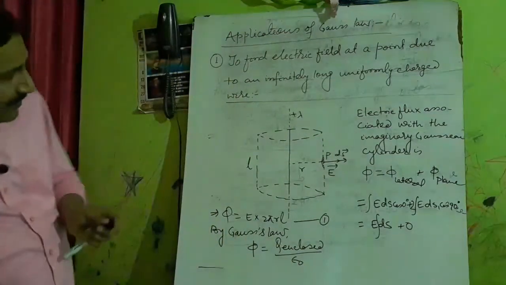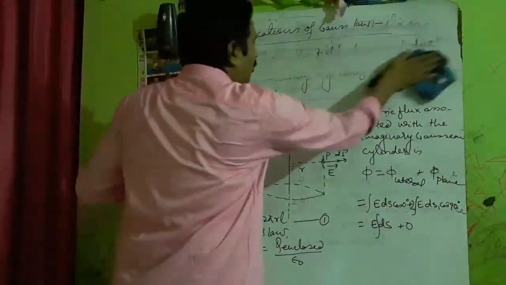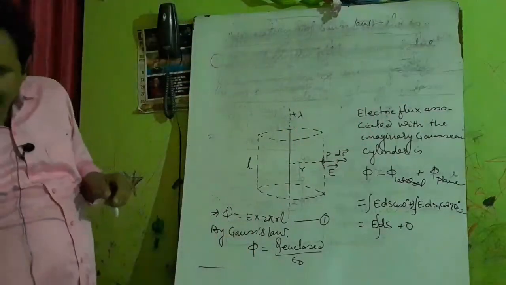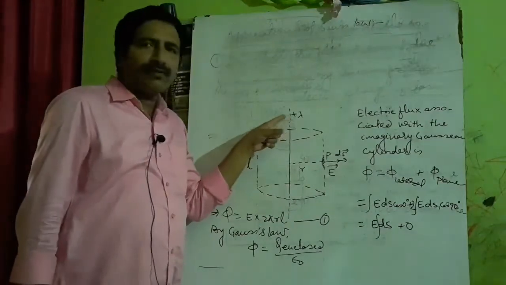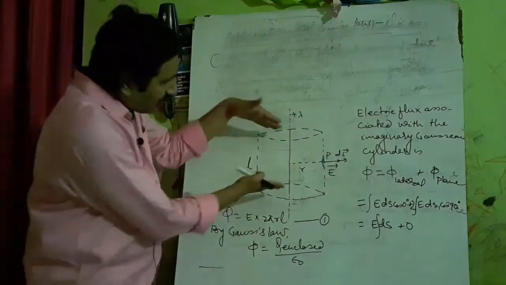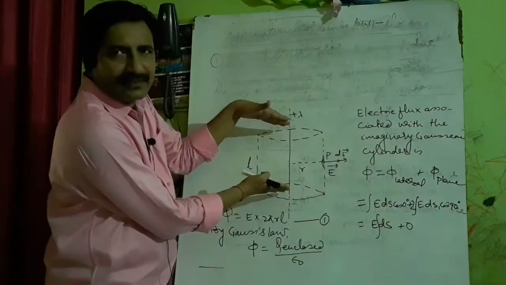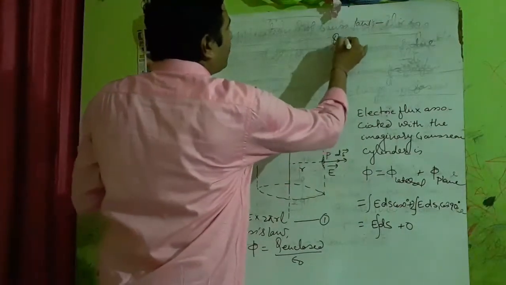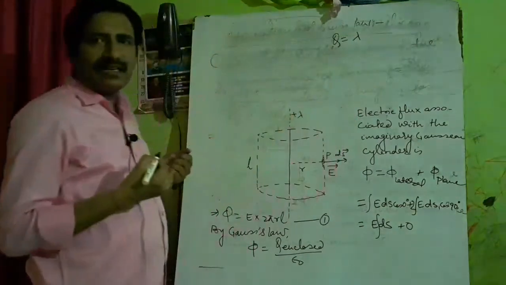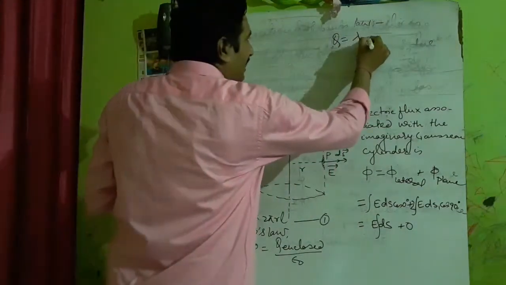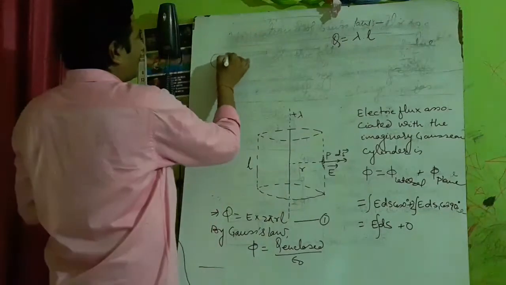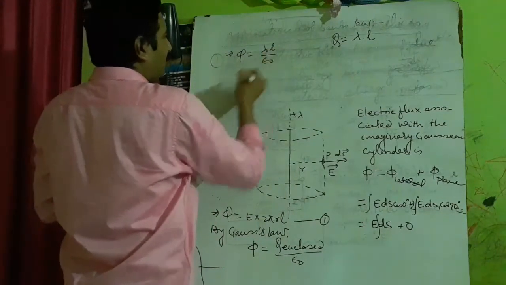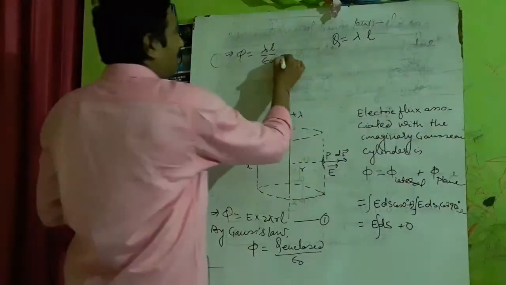Q enclosed is the total charge inside the cylinder, and you know charge per unit length of the wire is lambda, and total L length is inside the cylinder. So what will be the value of this Q? Q will be charge per unit length lambda into length L, means it can be written as phi is equal to lambda L by epsilon naught. This is equation number 2.